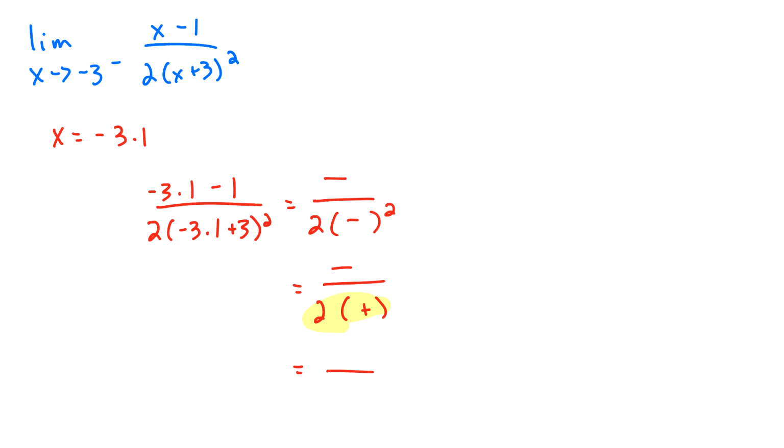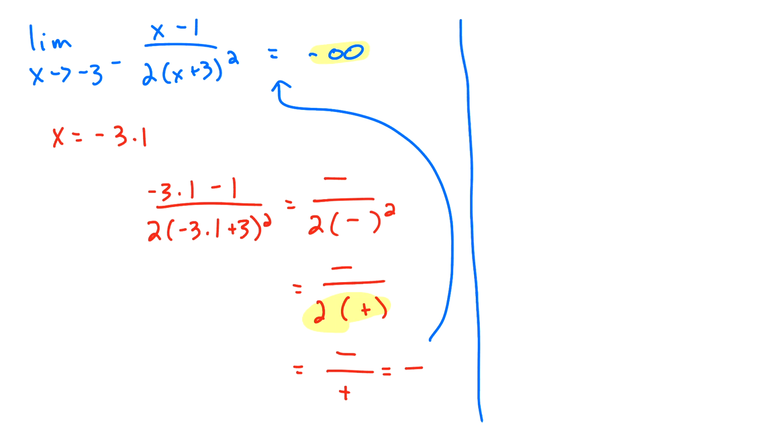So my numerator is still negative, my denominator is positive, which means this is going to be a negative number, which tells me that my limit should be negative infinity. So we know that the left-hand limit is negative infinity.